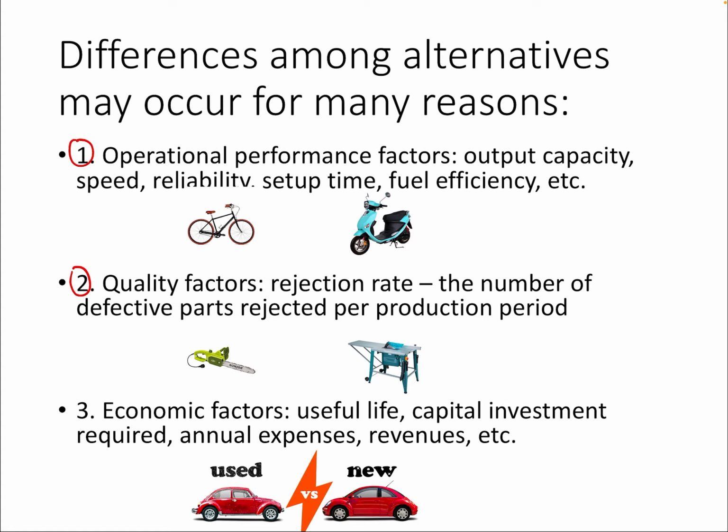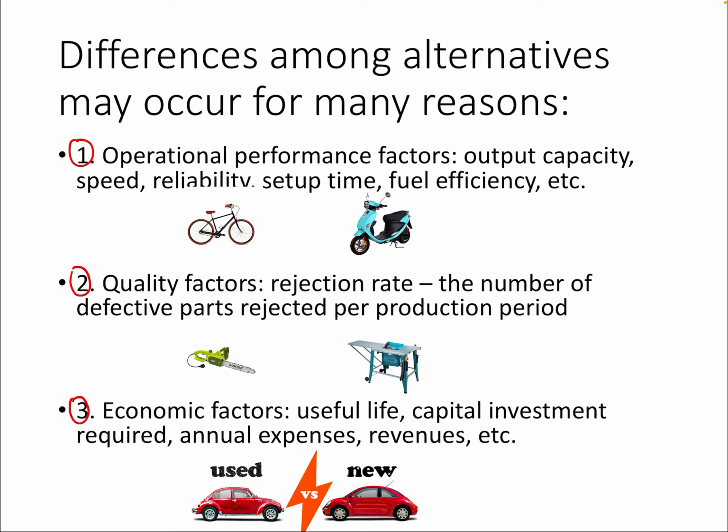So the rejection rate or the deficiency rate will be very low for the table saw, but of course it's more expensive than the handheld saw. So when you compare these two, you want to consider not only the operational performance factors, you also need to consider what the quality of the output is from using these two different types of saws.